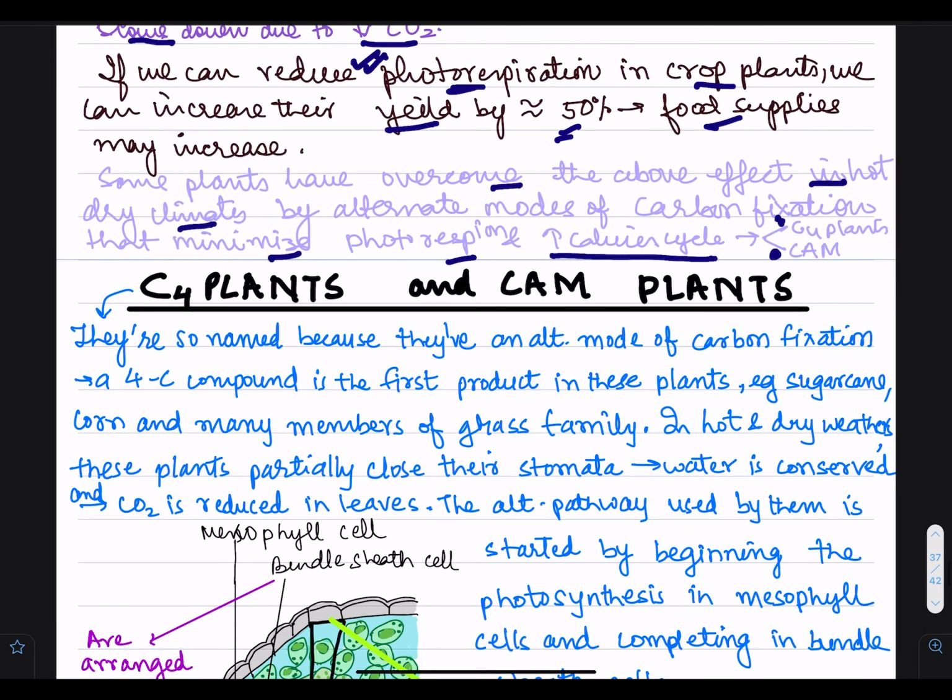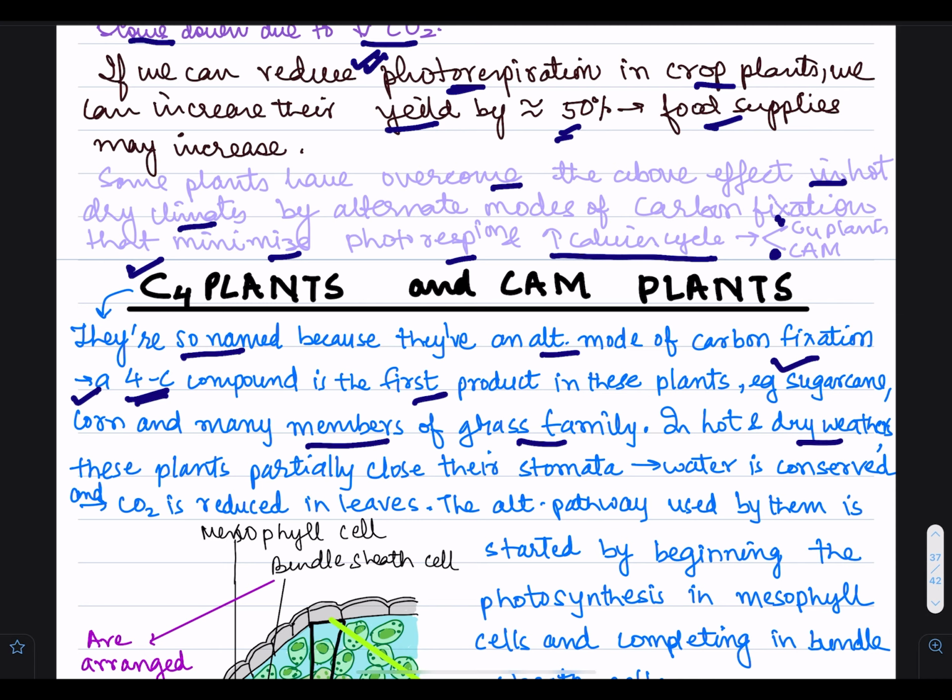First of all, C4 plants. Why are they so named? Because they have an alternate mode of carbon fixation. They form a 4-carbon compound first. The examples are sugarcane and corn and some members of the grass family.